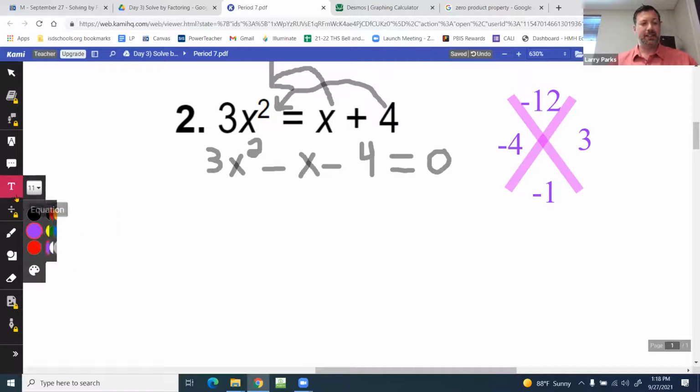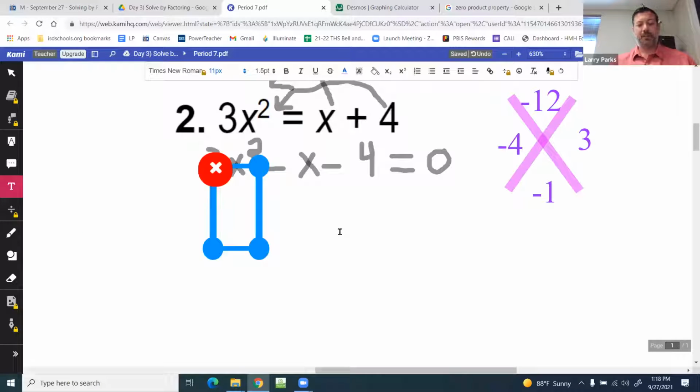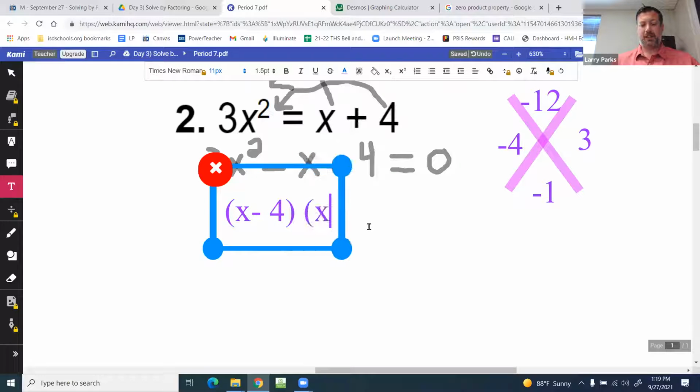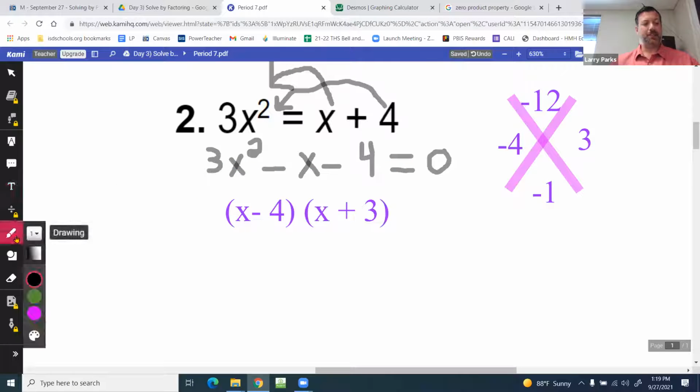I then write this as x minus 4, x plus 3. The only difference is, remember, you have to take this 3 and divide them both by 3.